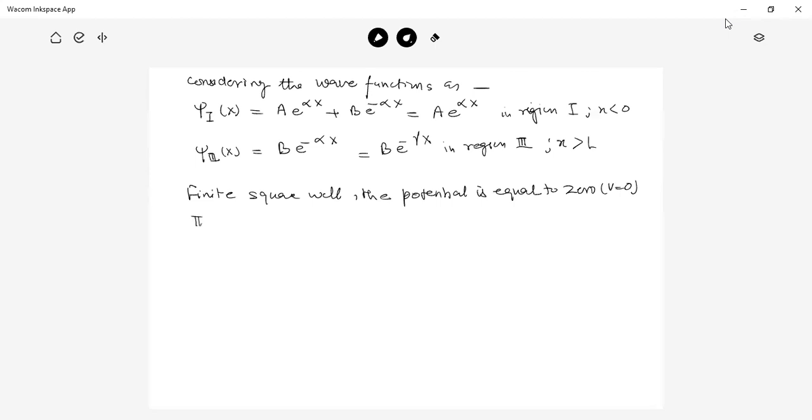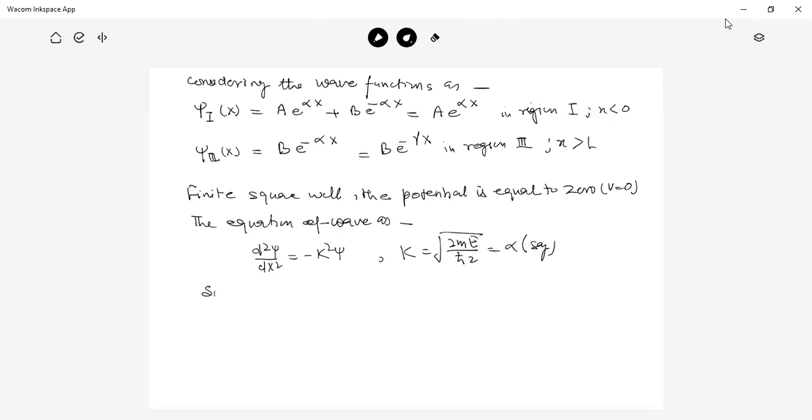The equation of wave is d2 psi by dx square is equal to minus k square psi, where k is equal to under root 2mE upon h cross square, as in the earlier case.